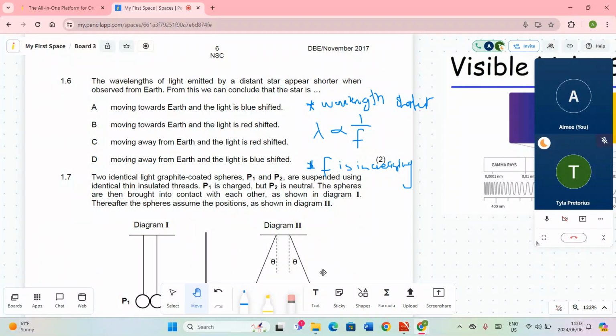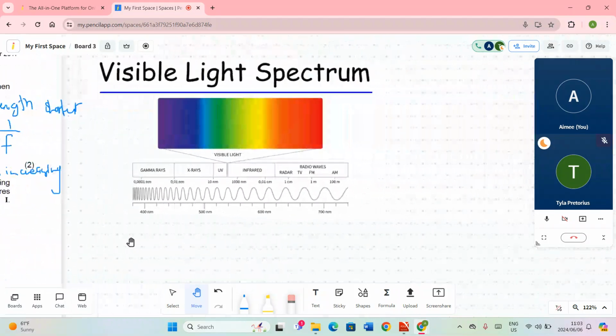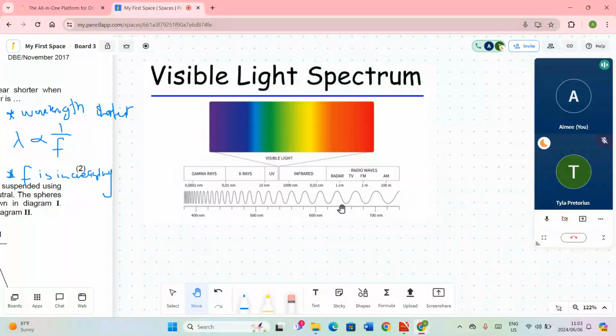And here you can see we've got a longer wavelength, which is a smaller or decreasing frequency. And here we've got a shorter wavelength and an increasing frequency, which means, as you can see from the spectrum, that the light is being shifted to the blue side.